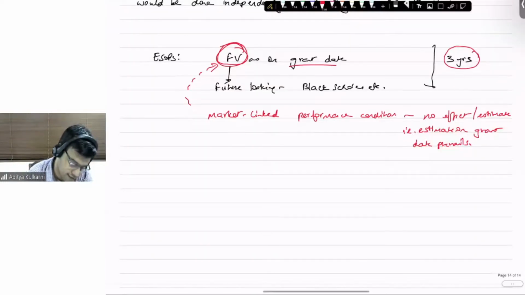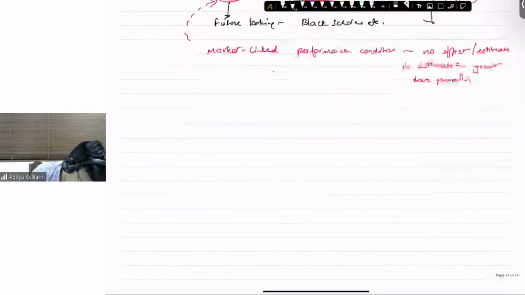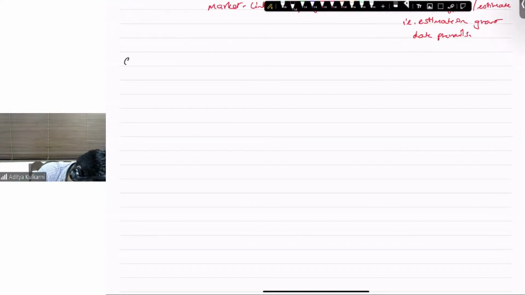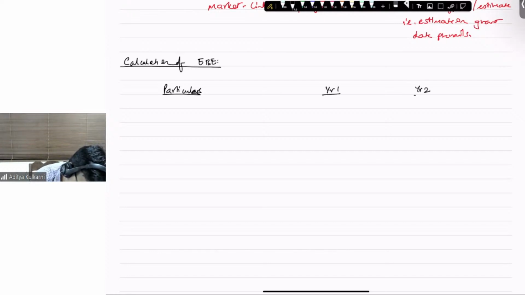Okay, so let us then look at the workings. Calculation of employee benefit expense. Particulars. Year 1, 2, 3.